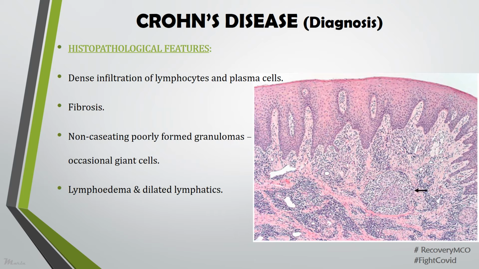If a biopsy is taken from a lesion in the oral cavity, it will reveal the presence of non-caseating, poorly formed granulomas along with few giant cells. In addition, we will also see dense infiltration of lymphocytes and plasma cells, fibrosis, lymphedema and dilated lymphatics.